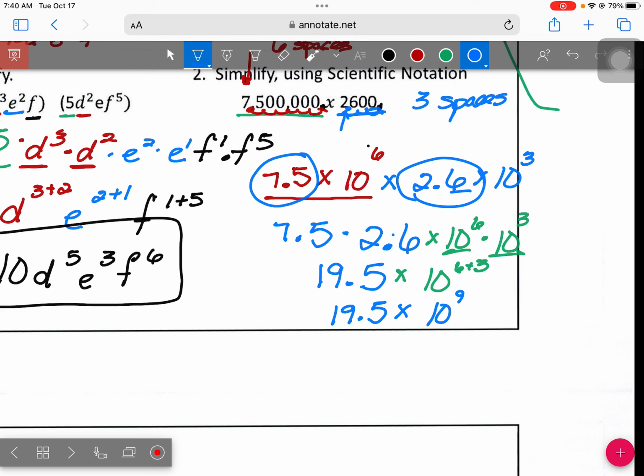Why did you say yes? Those of you that said yes. Because I looked at the lesson. Okay, well, question. Is this 19.5 a number between 1 and 10? No. So guess what? We need to do scientific notation on that answer again. Don't be fooled by that, okay?